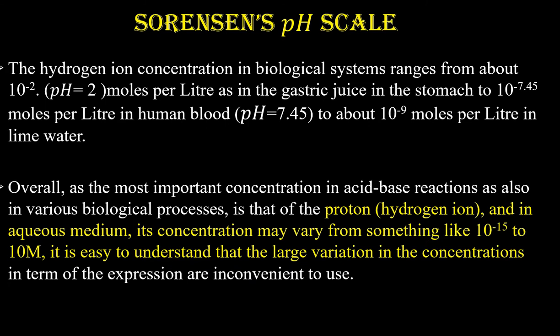Here, we must consider that the Sorensen scale assigns a pH of 1 to 14, with 1 being most acidic and 14 being most basic, and 7 which is the neutral value, neither acidic nor basic.